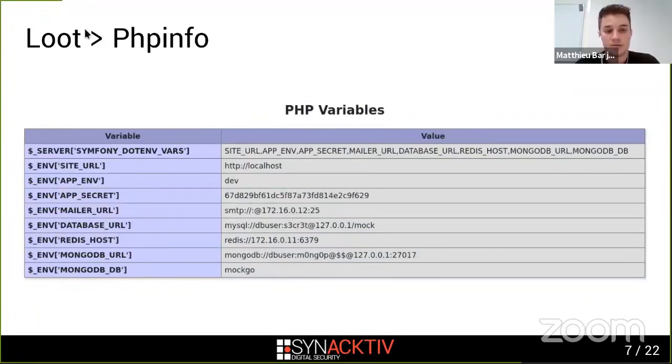As Symfony usually relies on environment variables to pass parameters to the kernel when the application is starting, in this section of the PHP info you will be able to find very valuable information such as secrets to external applications, API tokens, and so on. And there is also the application secret, which Symfony uses internally to perform some actions that we will see later.